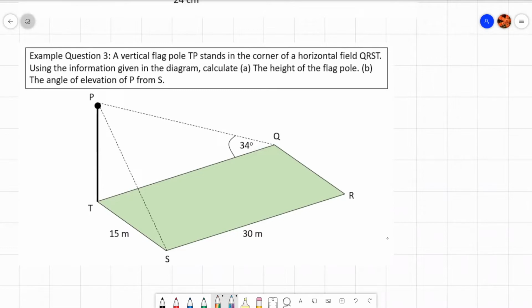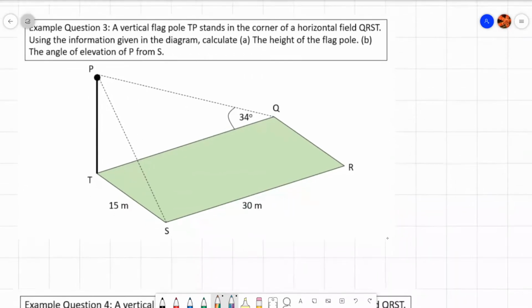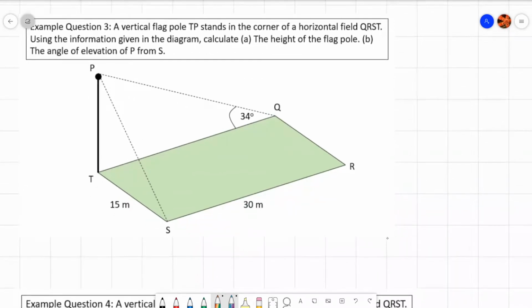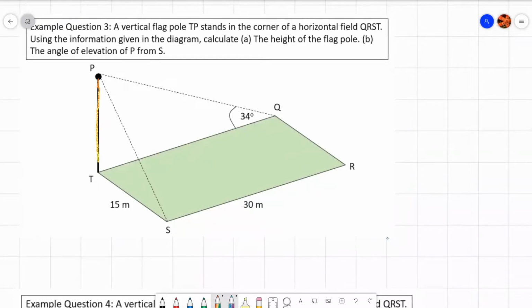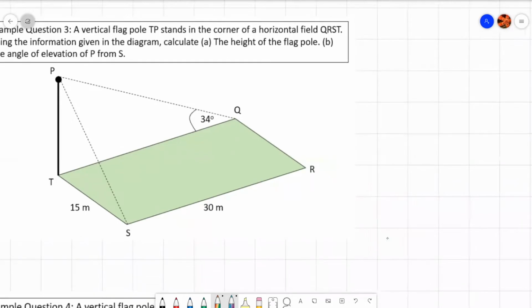Using the information given in the diagram, calculate A, the height of the flagpole, or B, the angle of elevation of P from S. Okay, so first part of the question, we want to calculate the height of the flagpole. So that's this bit here, isn't it? That's what I want to work out. That's the height that we want. So let's get rid of that so we can clearly see it. Right. Okay. So there's different ways that you might want to look at this. But I'm going to say this.